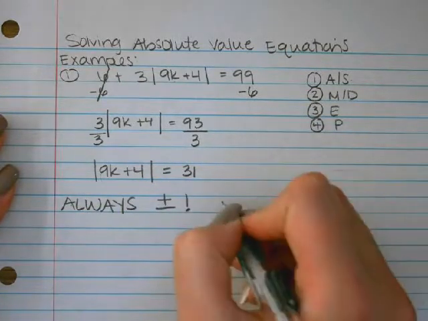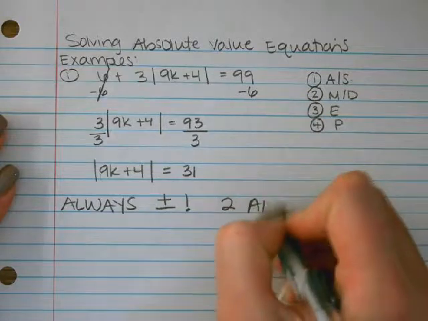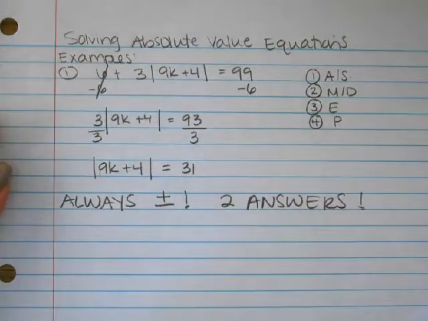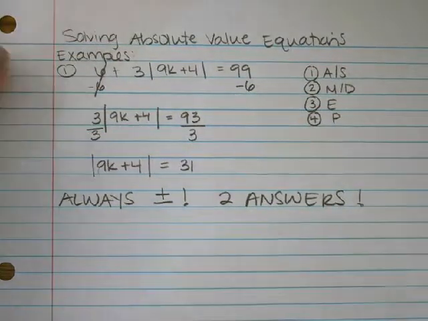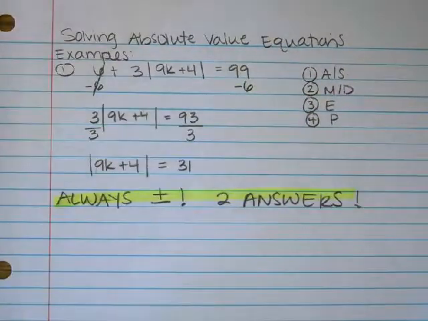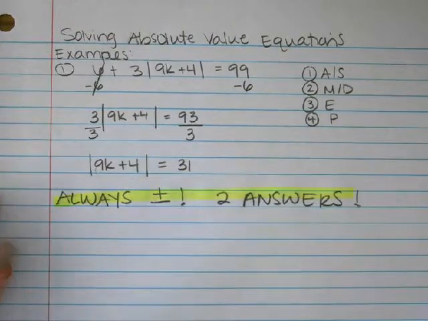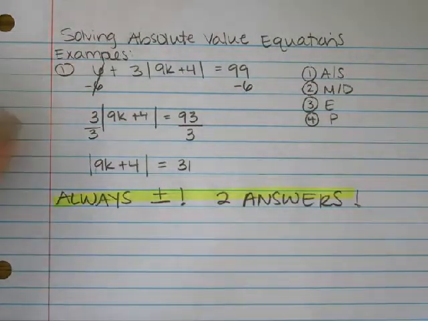There are 2 answers. In all caps. And then if you have a highlighter, you highlight it, because it's important. We want to remember that. Always 2 answers, unless it equals 0, because positive 0 and negative 0 are the same number. But if you have a number there that's not 0, definitely going to have 2 answers.